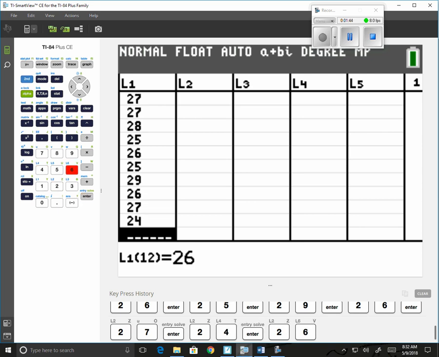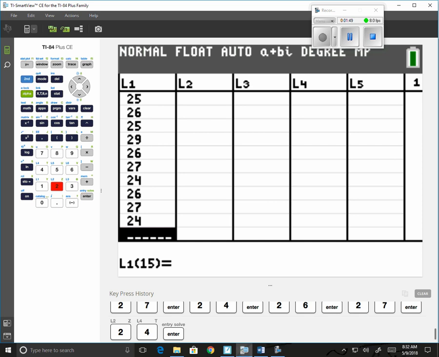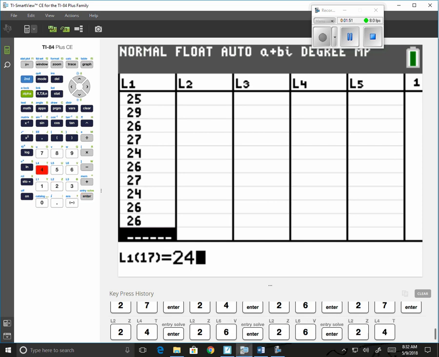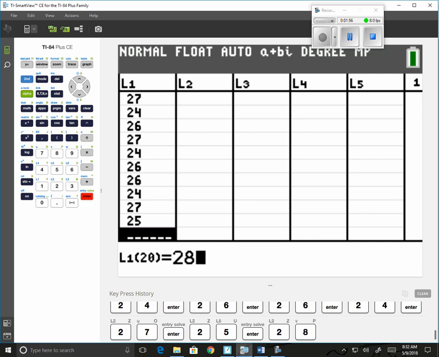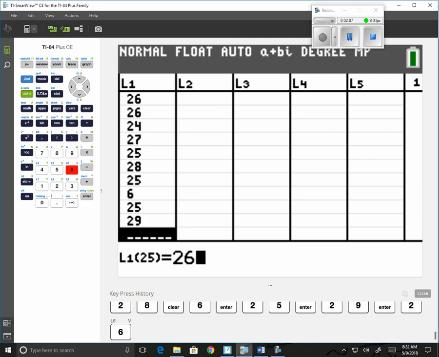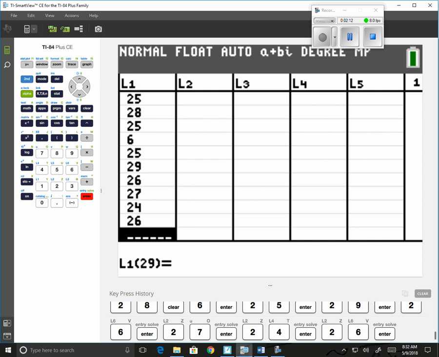As we're putting all of this in, just be careful, especially when the numbers are close to each other like this, because you don't want to miss one. And I put way too many pieces of data in.